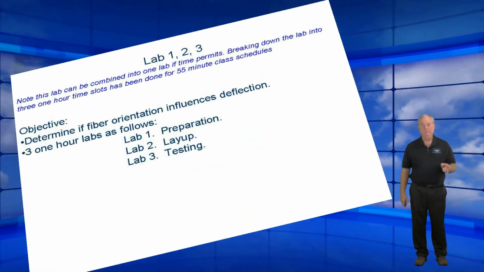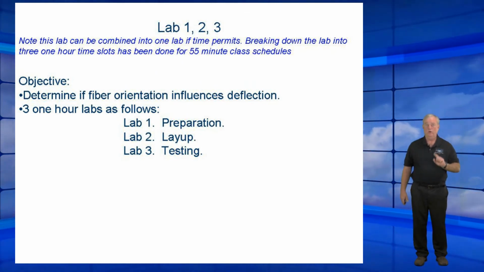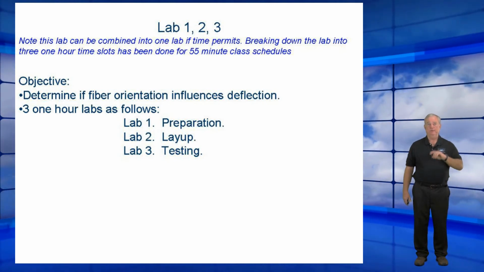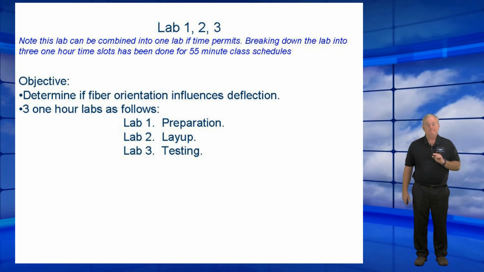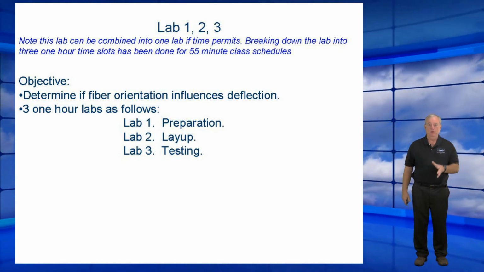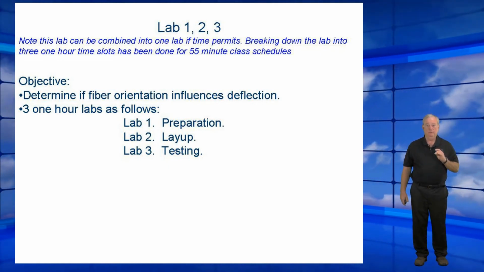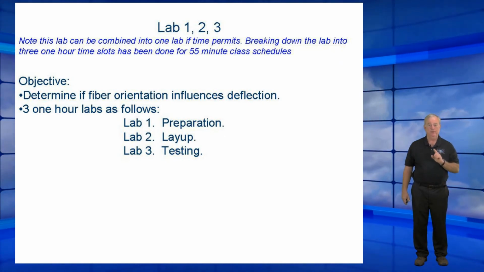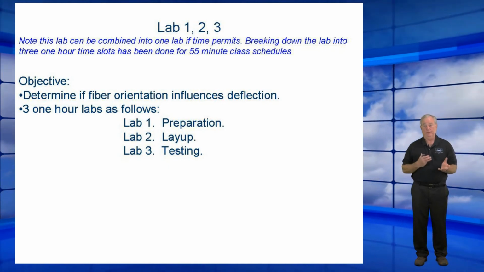First 3 labs, as I said before, there are 3 1-hour labs. And lab 1 is preparation, lab 2 is actual layup, and lab 3 is the testing. We feel that you miss something if you only do the layup and make a shape. Because in the real world, in manufacturing a part, you're manufacturing a part to a set of specs that say it's going to have a certain strength, right?